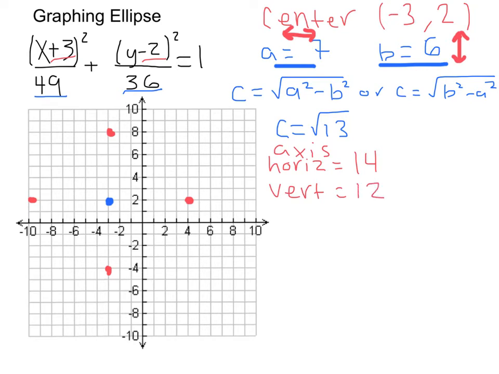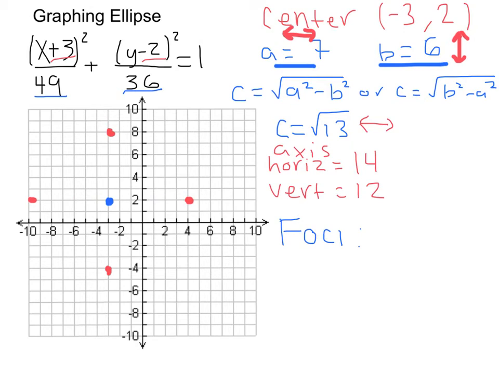And then we need our foci points. And what we do for that one is we're going to move this distance left and right from the center. So the square root of 13 is a little bit more than 3. And the question is, are we going to go horizontally or vertically from the center?